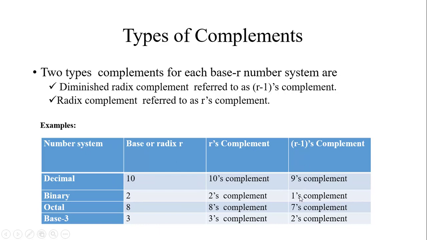In the octal number system, we have 8's complement and 7's complement. 8's complement is the Radix complement, while 7's complement is the diminished radix complement. In base 3, the base is 3, so the Radix complement is 3's complement, while the diminished radix complement is 2's complement.